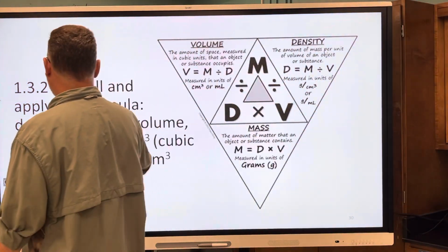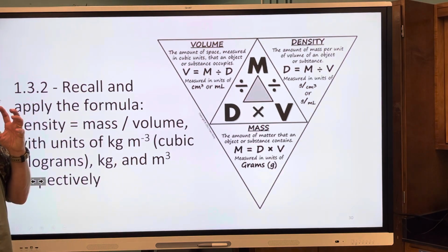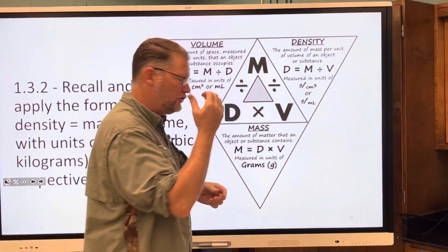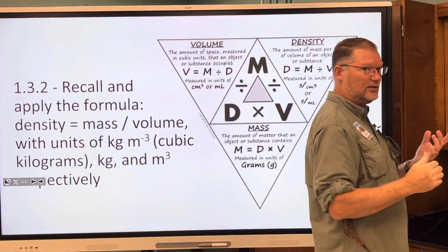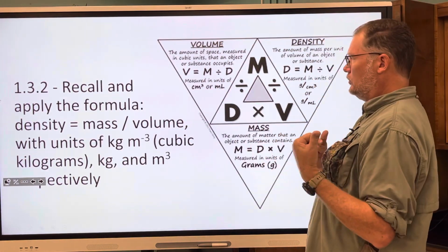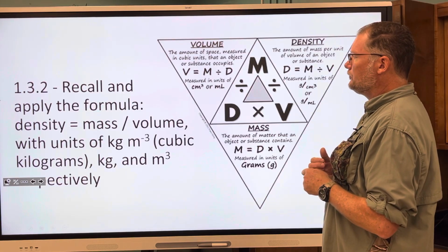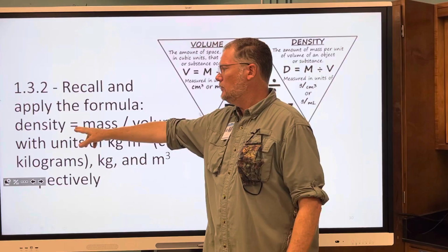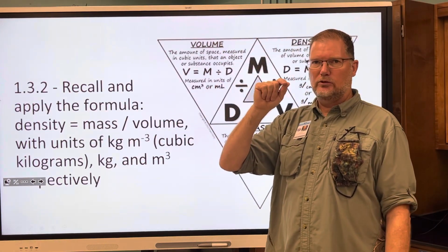So remember, it says recall, because I'm not really teaching you how to do density in this class. You should already know how to do it. We just did some density in that activity we did earlier, I think. So it's DMV, right? I always remember Department of Motor Vehicles.